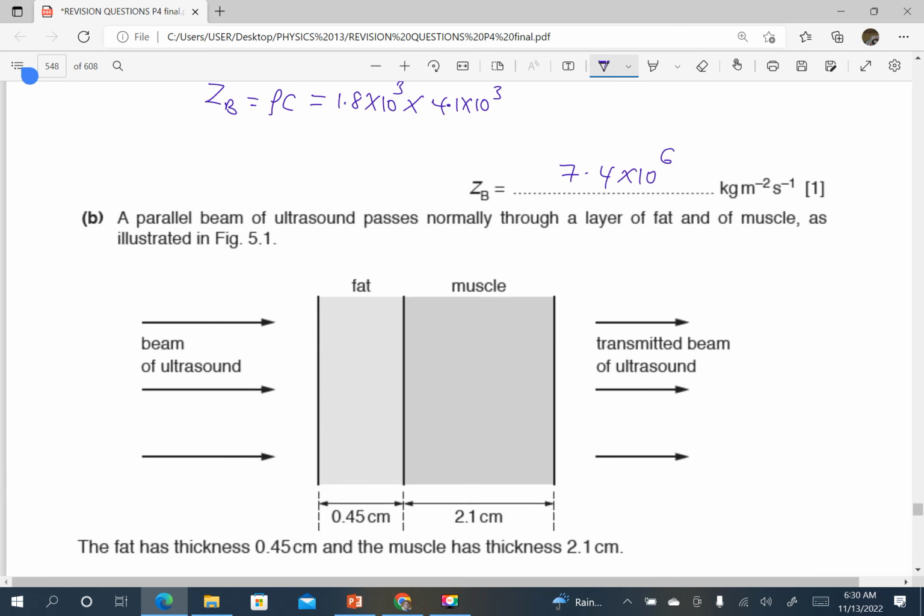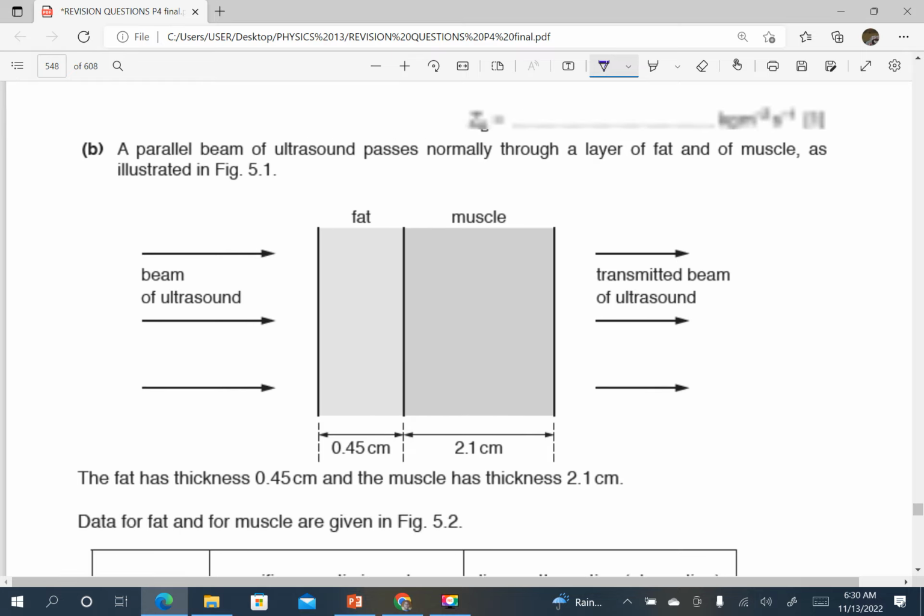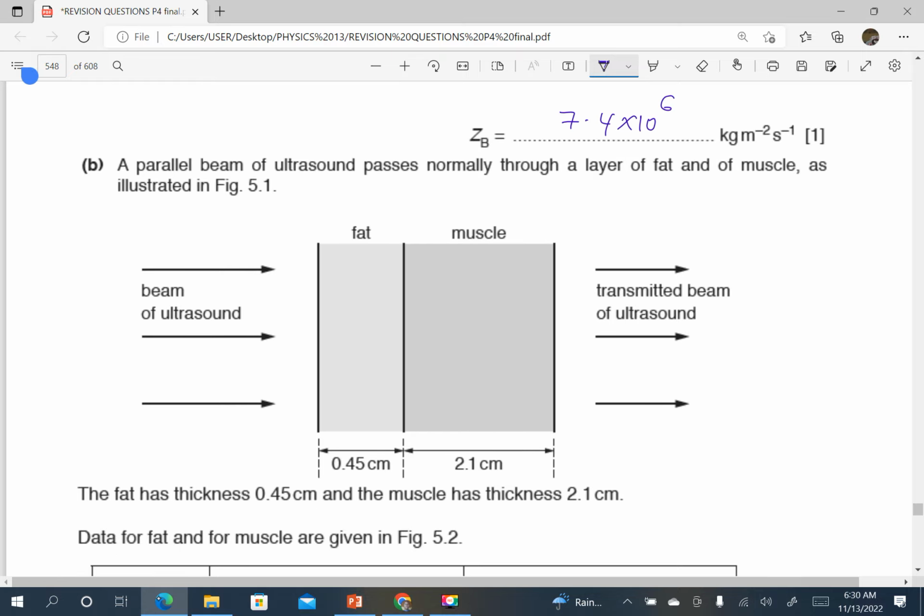A parallel beam of ultrasound passes normally through a layer of fat and of muscle as illustrated here. So let us say the intensity just entering the layer of fat, I will call this one I naught. The intensity arriving at the boundary between fat and muscle, I will call it I1.